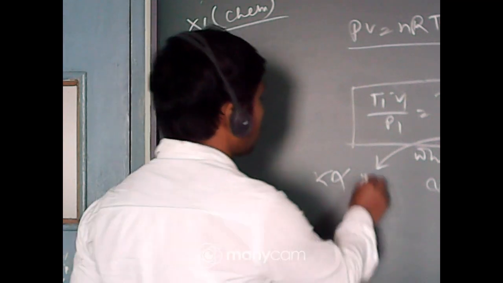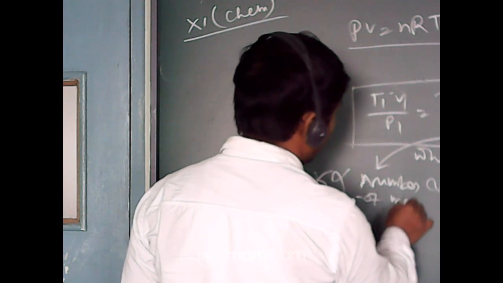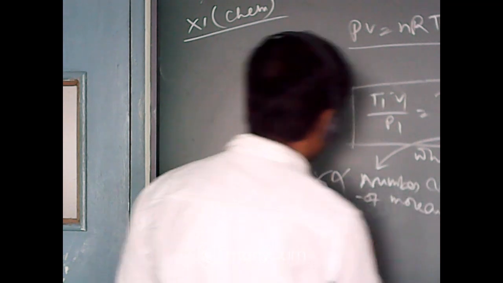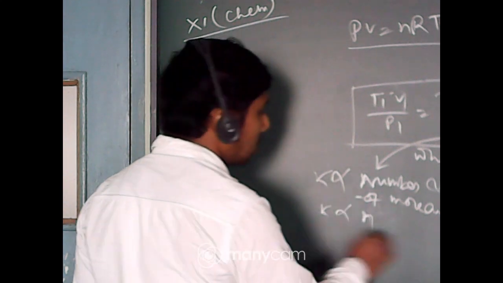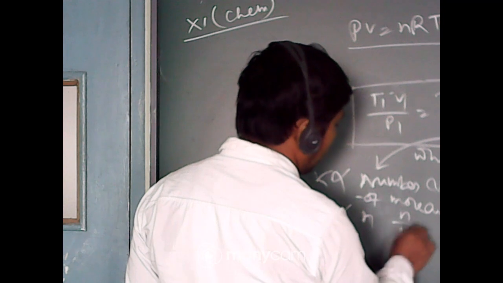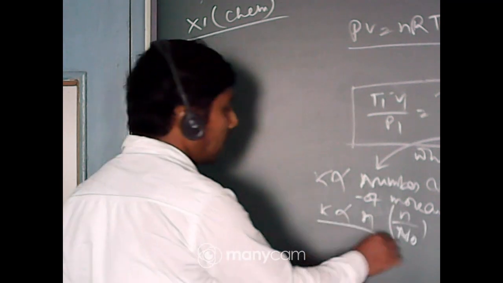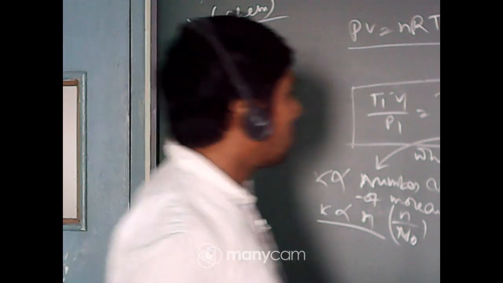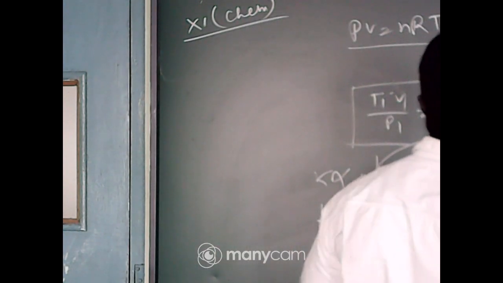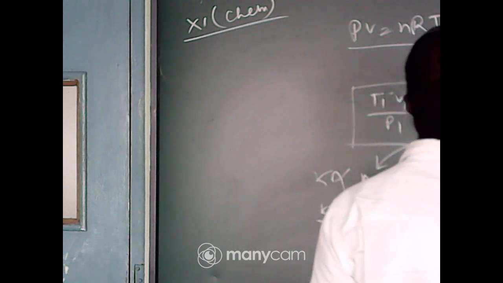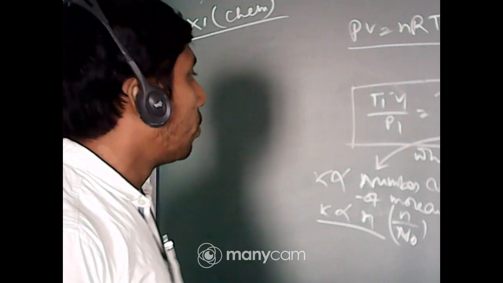Basically it is proportional to the number of molecules, which is ultimately proportional to N, because the number of molecules N by N0 has a fixed value for all gases. So K is ultimately proportional to N, and we may put N here.